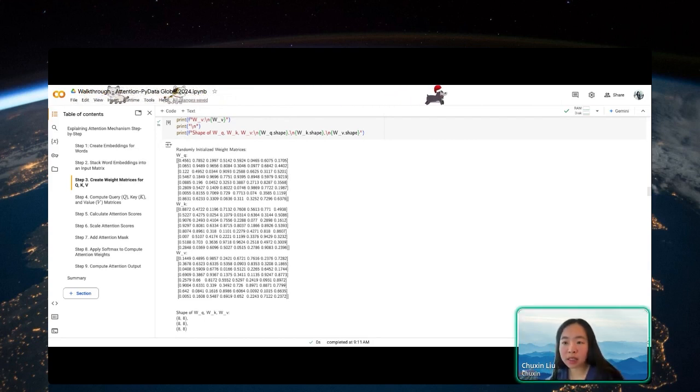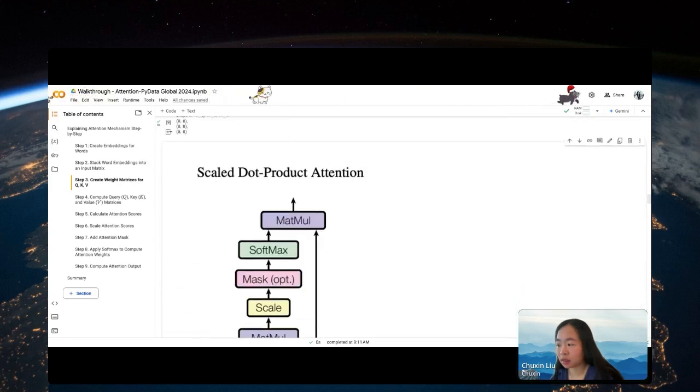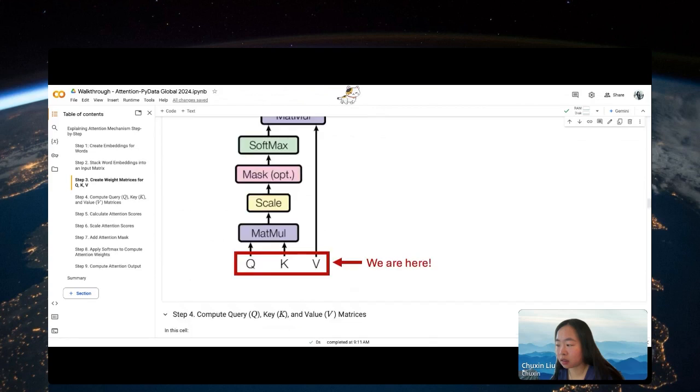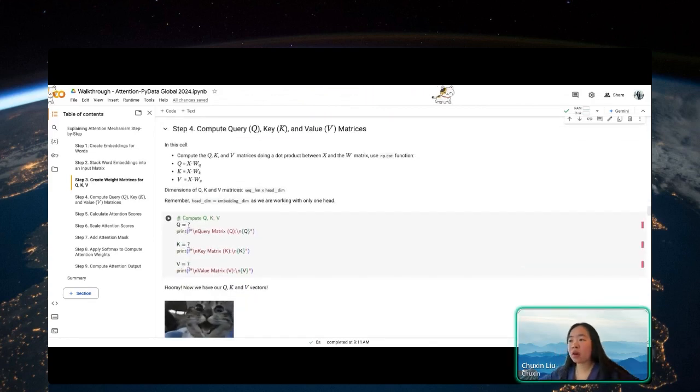All right, now let's start moving on. Once we have all the weights, WQ, WK, and WV, we will be able to generate the matrices Q, K, and V using a dot product between X and all these matrices.